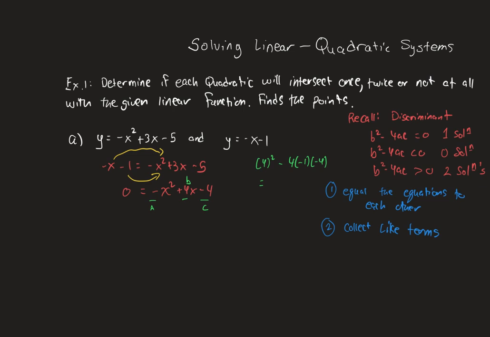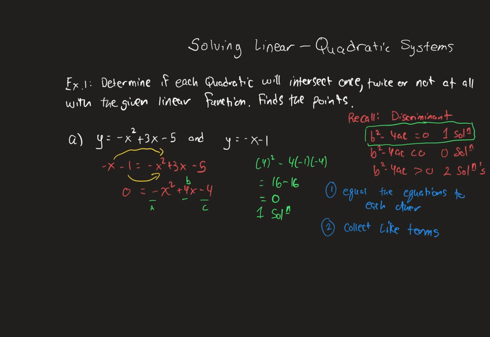And that's going to give me 16 minus 16, which is 0. Because it's 0, I know it fits into this one. So I know that there is one solution.